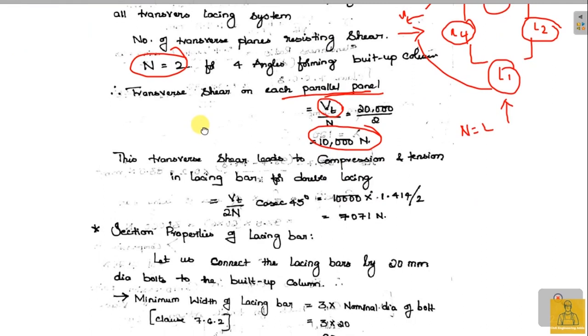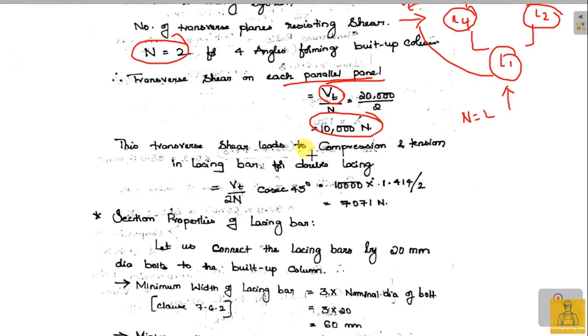So now this transverse shear load will lead to compression and tension in the lacing bars. What is that value going to be? This is the expression, and 7071 Newton, or 7.071 kilonewton, is the compressive or tensile force in the lacing bars. Okay, so you need to find out the different dimensions now.